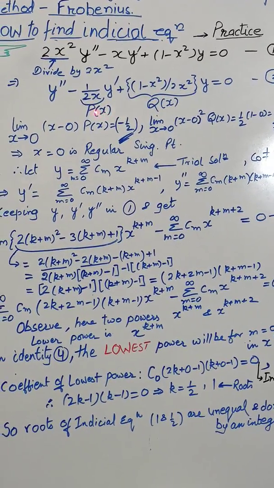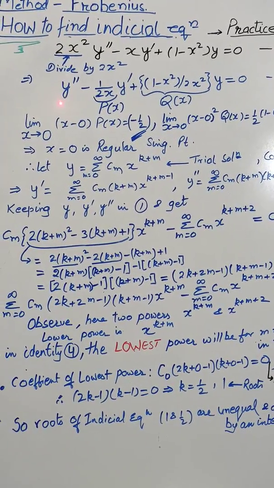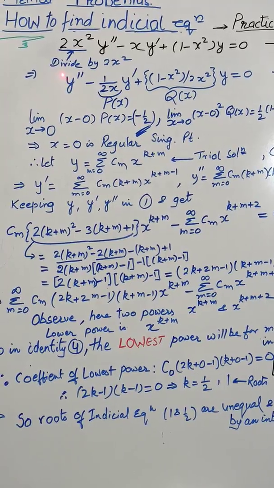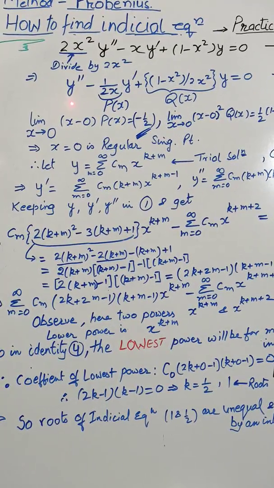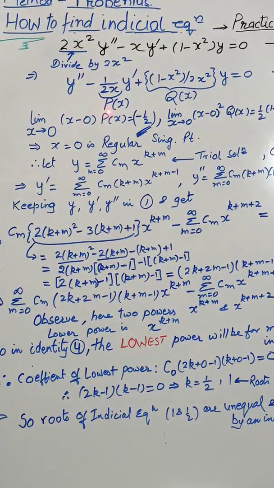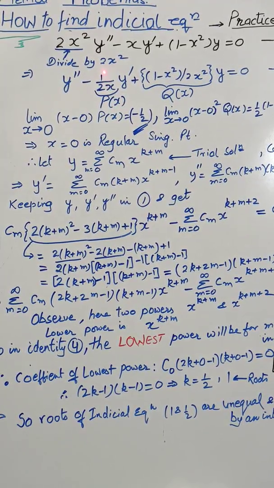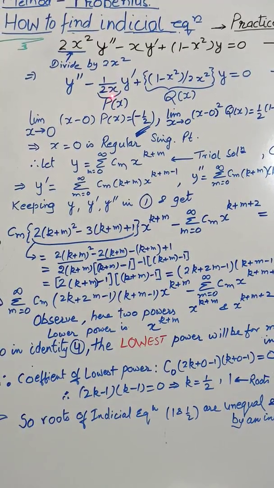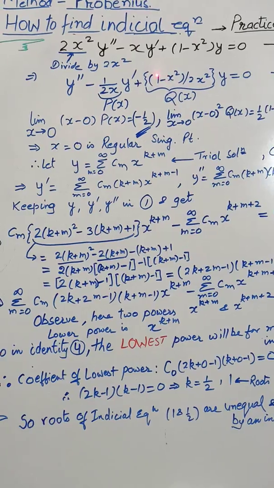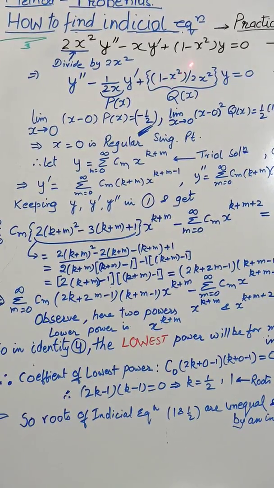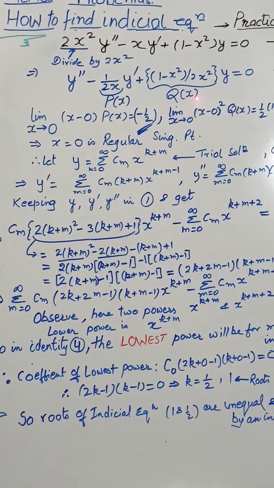Now if I compare this equation 2, where the coefficient of y'' is 1, with the standard form, I get p(x) = −1/(2x) and q(x) = (1 − x²)/(2x²).